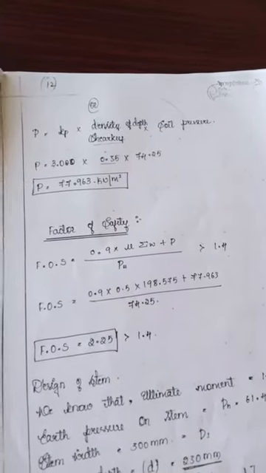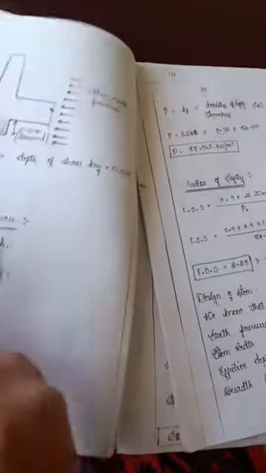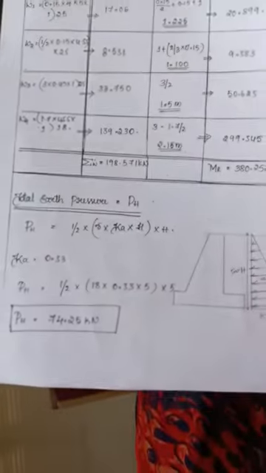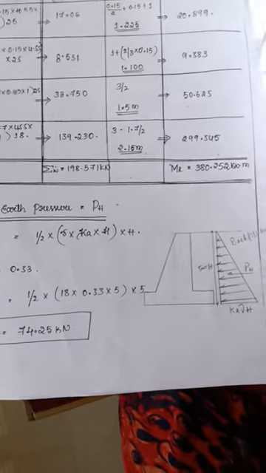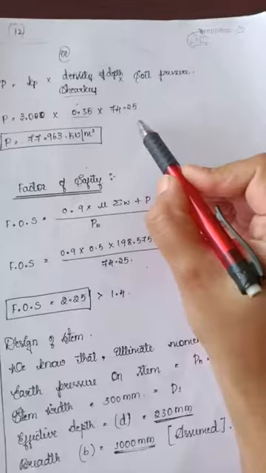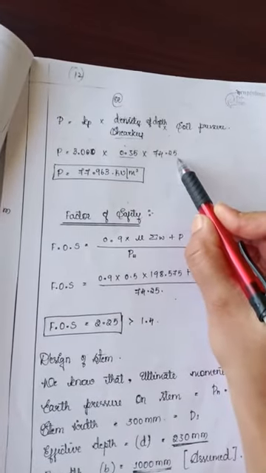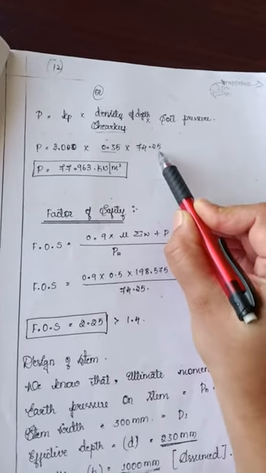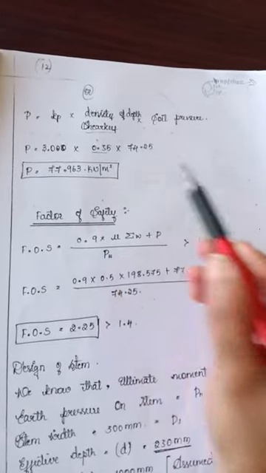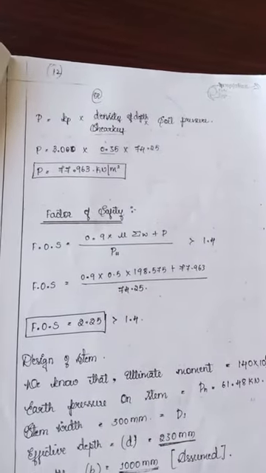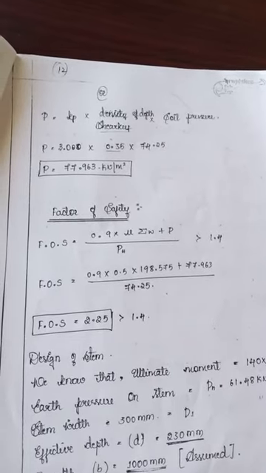This 74.25 is the pH value we calculated earlier, the total soil pressure. Substituting that value here, we get P equal to 77.963 kilonewton per meter square.